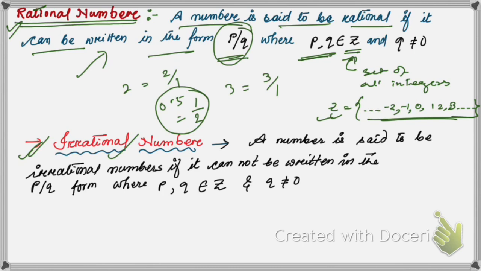Those numbers which cannot be written in the p by q form are irrational numbers. What type of numbers cannot be written in the p by q form?